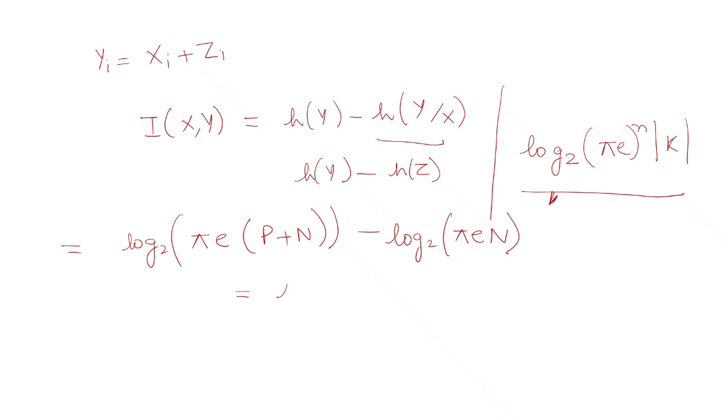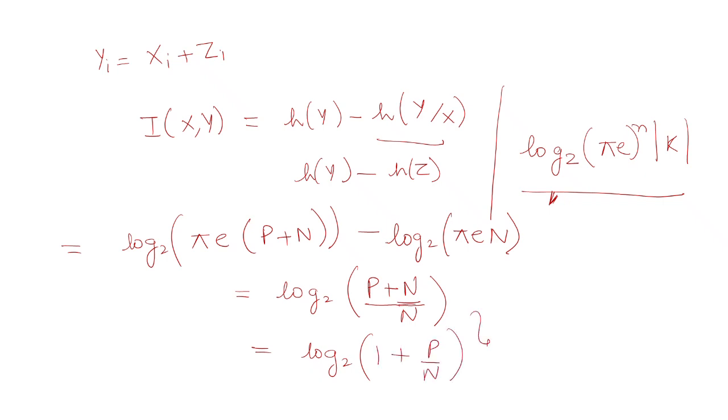So this is again equal to log 2 of p plus n divided by n, which is equal to log 2 of 1 plus p divided by n, which is the well-known expression for the complex Gaussian channel. So this expression easily leads us to the capacity of SISO channels.